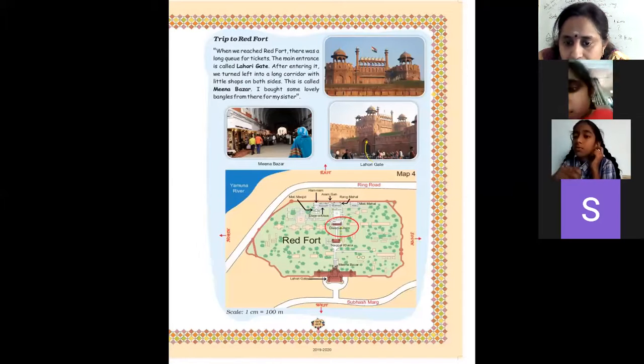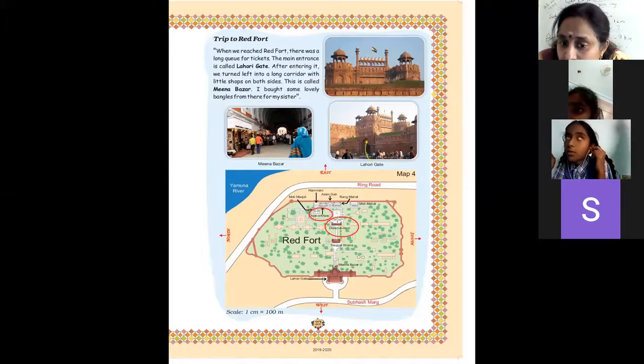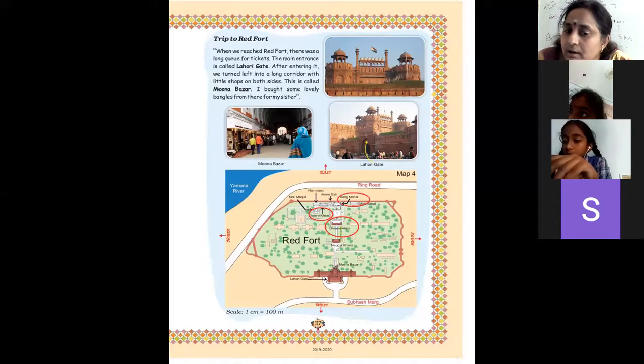And then from here Diwani Khas is there. If you go straight from Diwani Khas, what will we get? Rag Mahal. To the left of the Rag Mahal, again 3 more buildings are there. So observe these 3 buildings on the map.